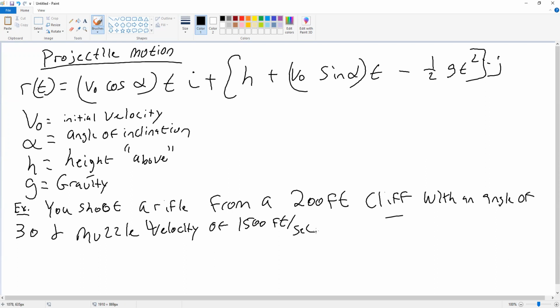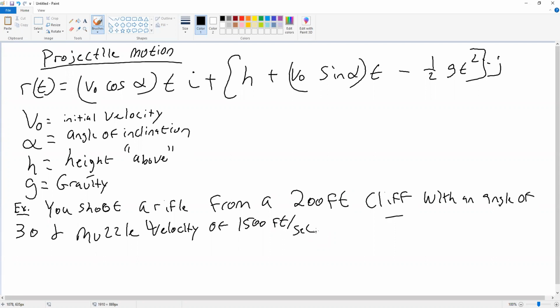Just because we're American, yes, sir. So G is like 32 even, 32.2. Yeah, let's go with 32. Just even 32. Because if we do 9.8, you do 9.81. But we'll leave that as 32.